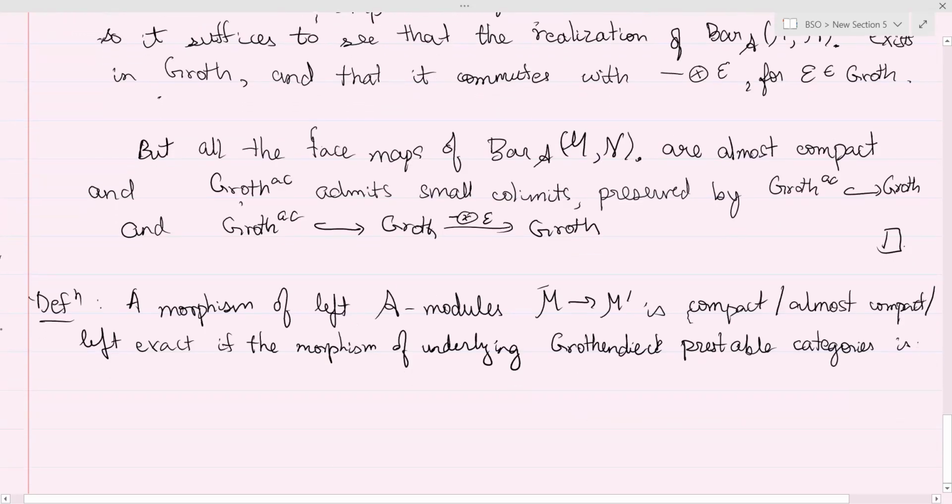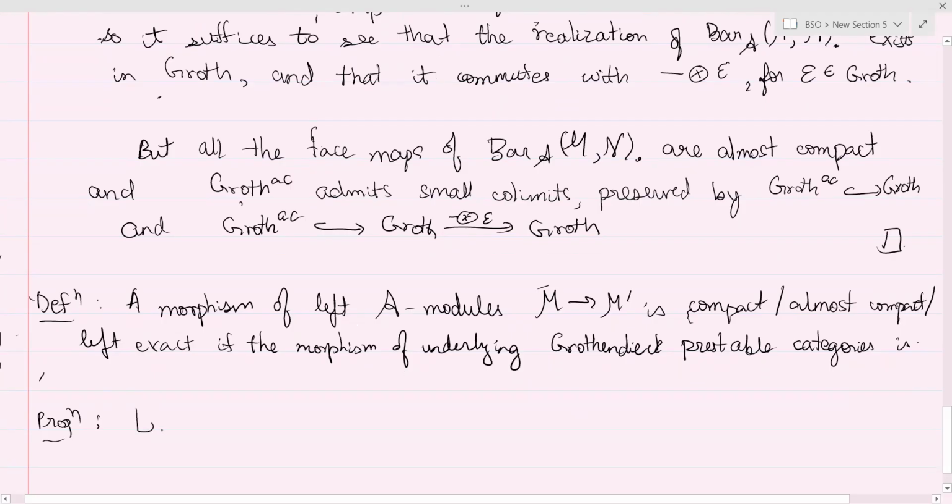The first result pertaining to these is that the relative tensor product preserves both of these, by both I mean almost compactness and left exactness. So the relative tensor product preserves both of these properties of morphisms.